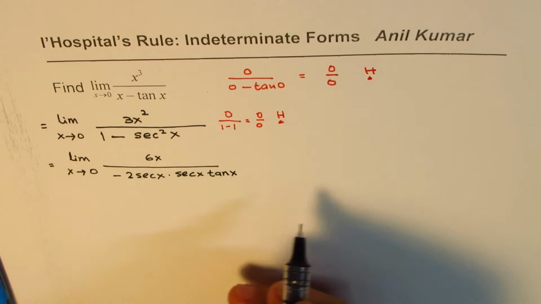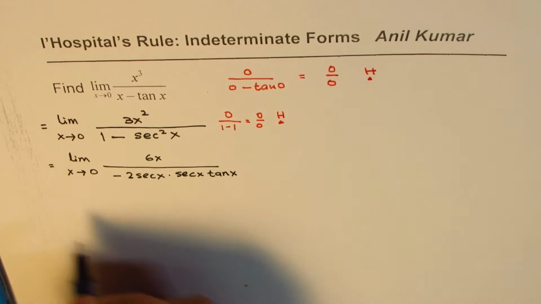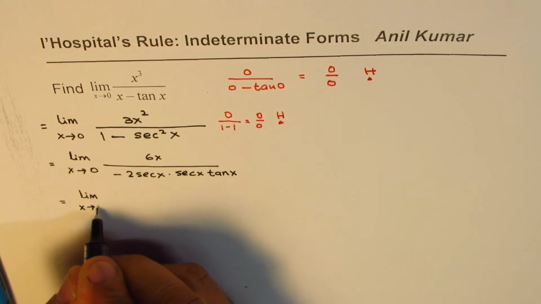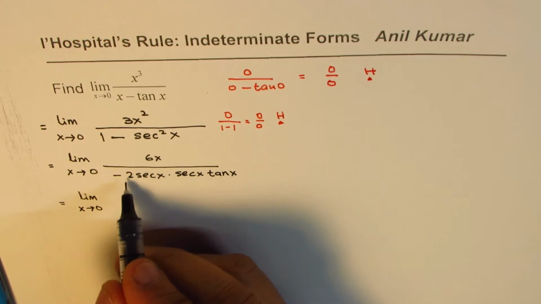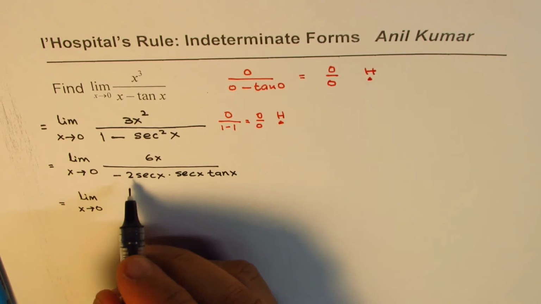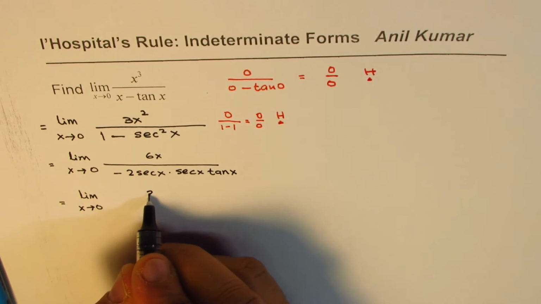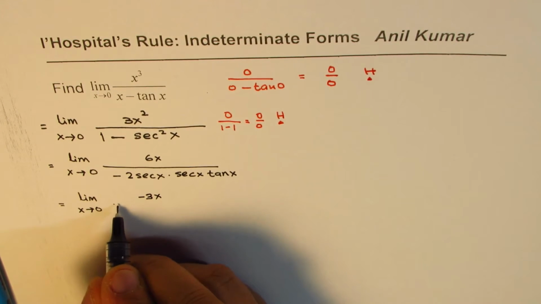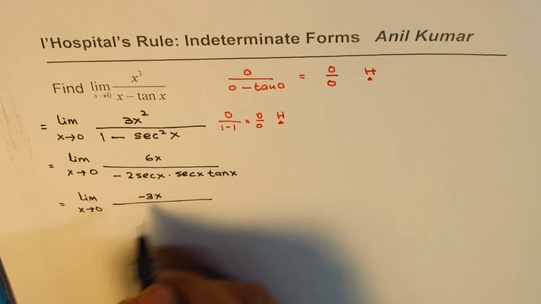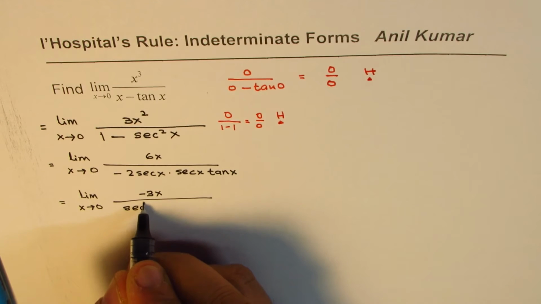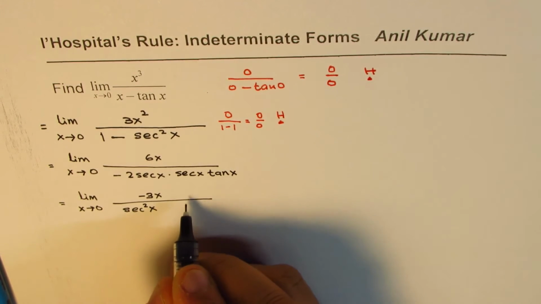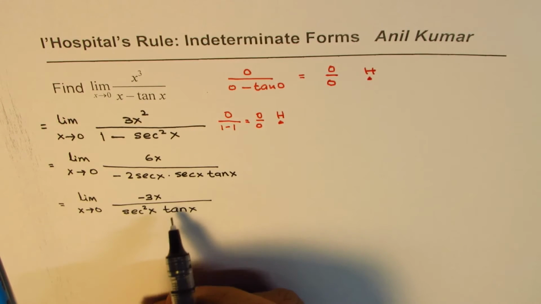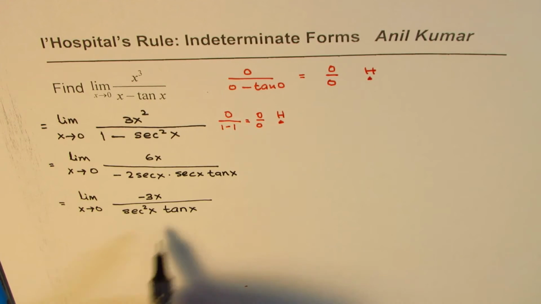Now we can rewrite this and simplify a bit. So what we get here is the limit as x approaches 0. 6 over 2 is 3, so we get 3x in the numerator. We can write minus also in the numerator, divided by secant square x tan x.